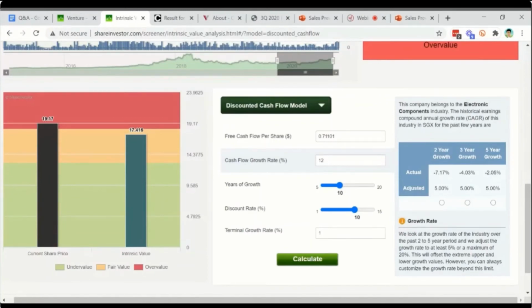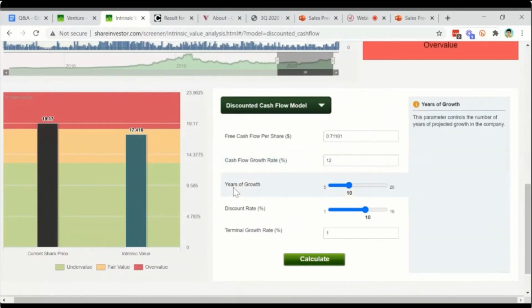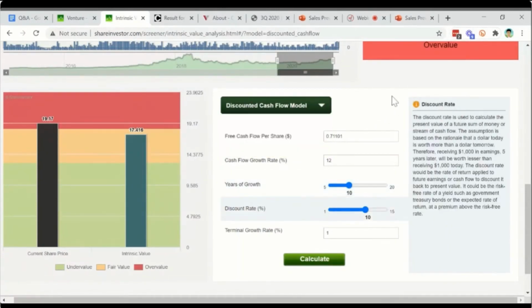And then I will put 10 years of growth at 12%, and a discount rate, because they are in the tech industry, and when it comes to this kind of R&D and semiconductor space, I want to be compensated with a higher discount rate. So that's why I put a 10% discount rate.